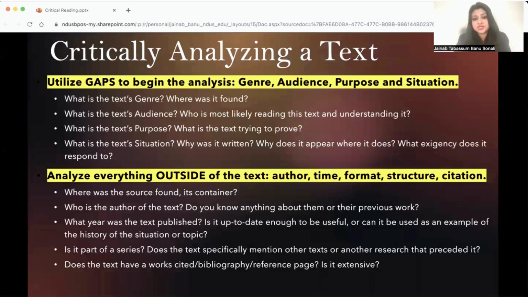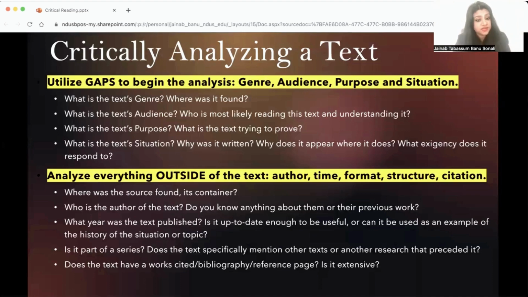So archival research, historical research may require outdated sources because those are the sources that you are working on. But it is very important to understand the situation of the topic or the exigency that the text is responding to. So just focus on the publication information, the date published.